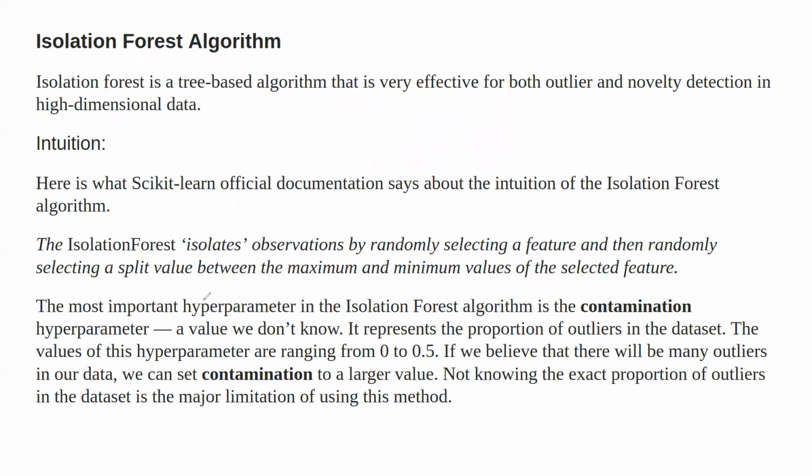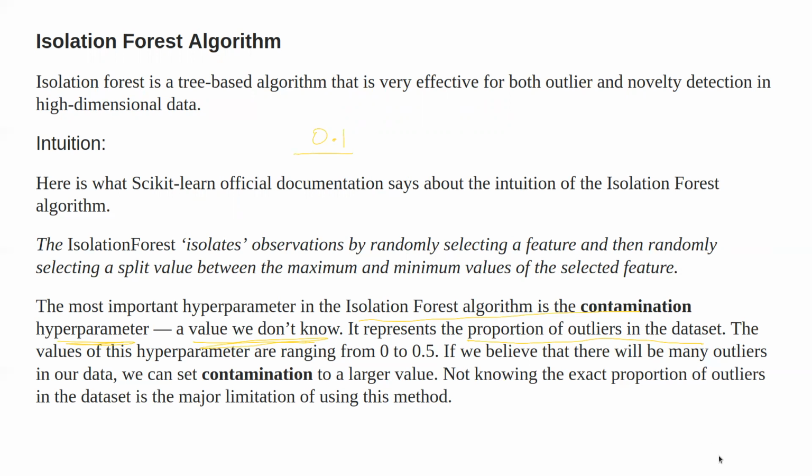The most important hyperparameter in the isolation forest is the contamination hyperparameter, right? What this contamination hyperparameter is, we actually don't know. It's a hyperparameter, and it represents the proportion of outliers in the data set. Let's say we have a feeling that 1% outliers would be in our data set.